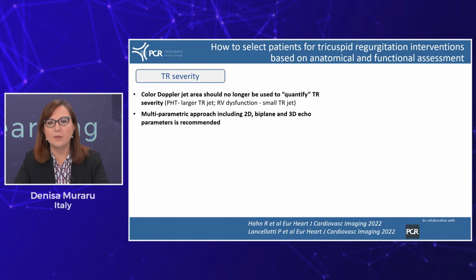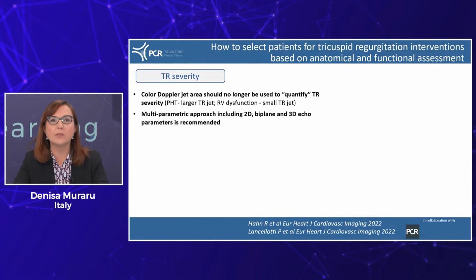And as Erwan has just mentioned, this is a decision that should be shared among different colleagues. The interventional part is important, but the imager has a very important role in order to understand the indication.